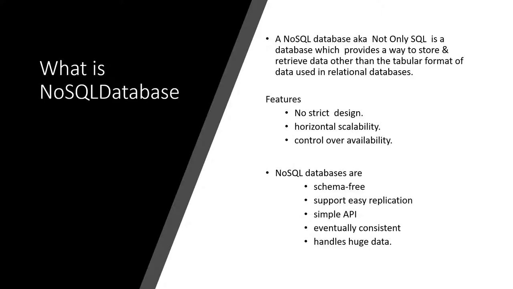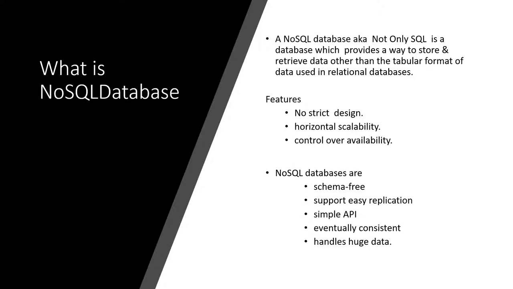Whatever has been fixed in the format of the table, you cannot go beyond that unless you redefine the table. That was concerning, and that is why NoSQL databases evolved, and Cassandra is one of them.